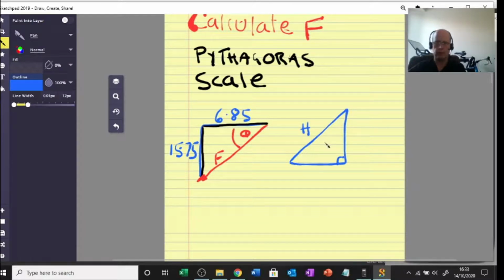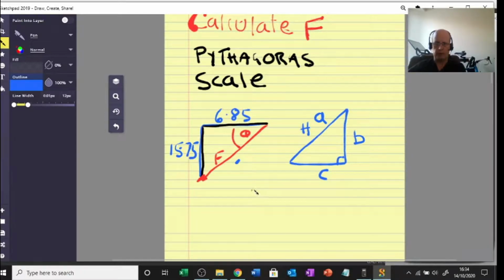Now, you may have also seen it labeled as side A, this could be side B, doesn't really matter, and side C. You can use Pythagoras to find this A, because this line here is really the hypotenuse.